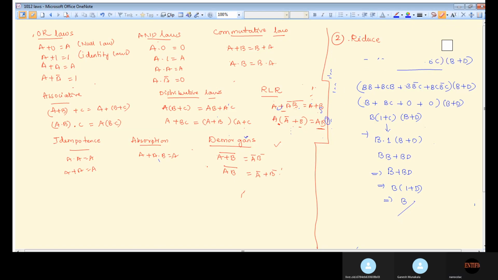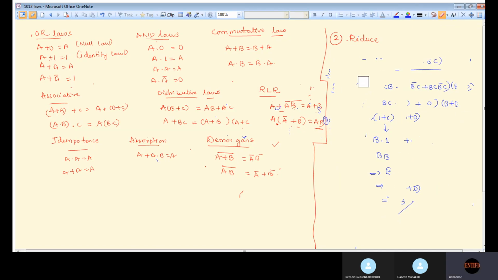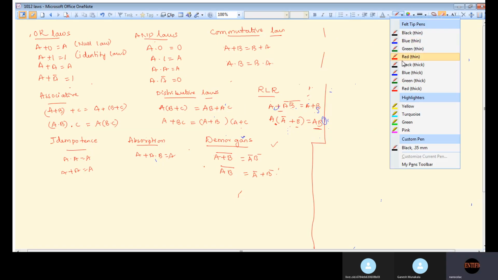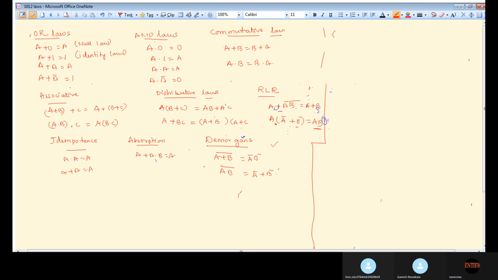So now let's see a proof. So the question is: show that AB plus AB bar C plus BC bar is equal to AC plus BC bar.